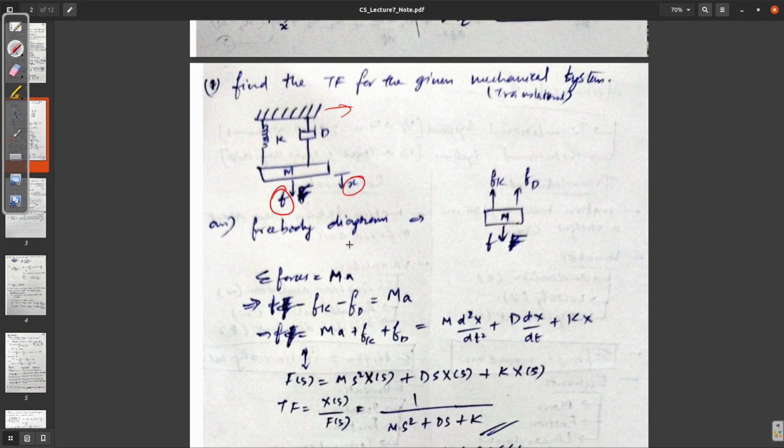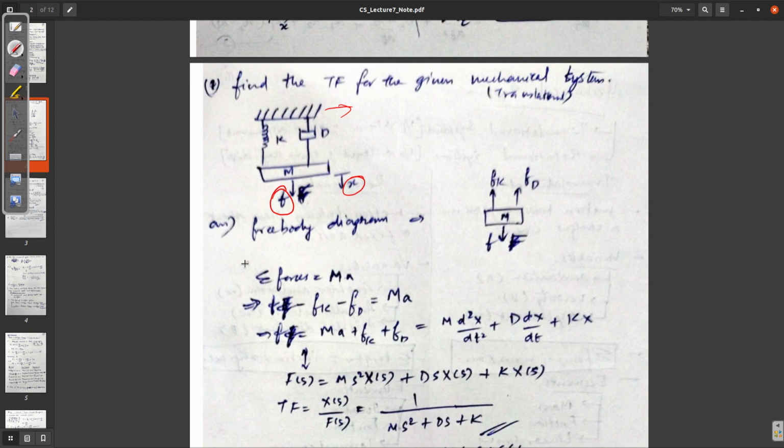So what we're doing is drawing the free body diagram, that is, the mass with the different forces acting on it. Right away, F, the applied force, is acting downwards. The spring and damper act opposite to the applied force, that is upwards, Fk and Fd.